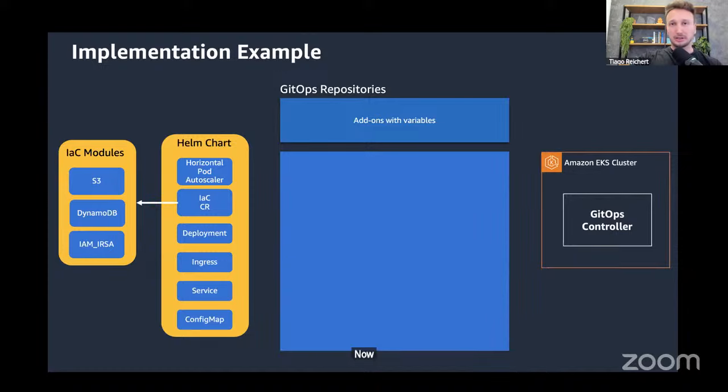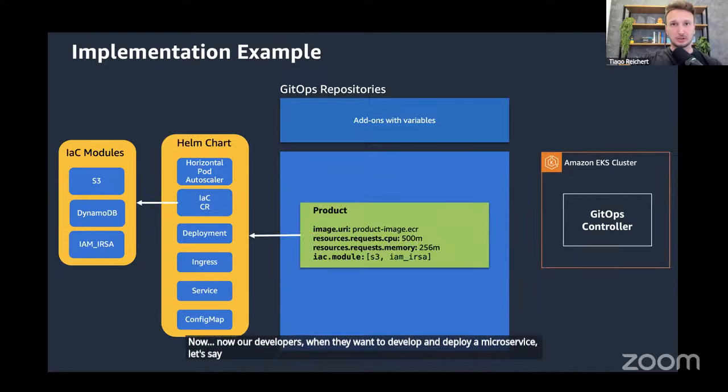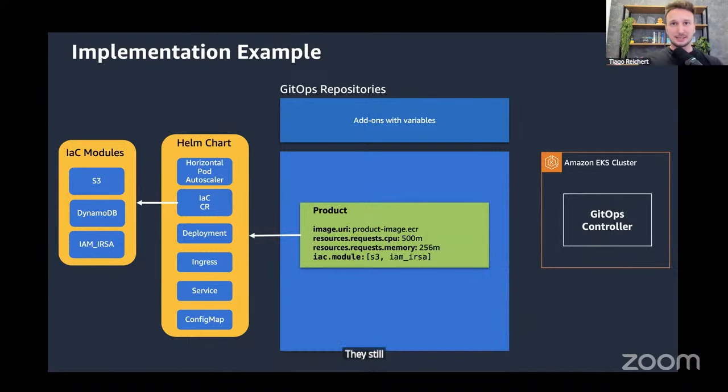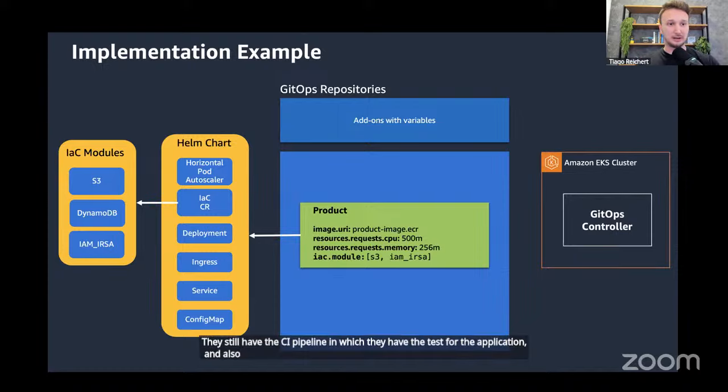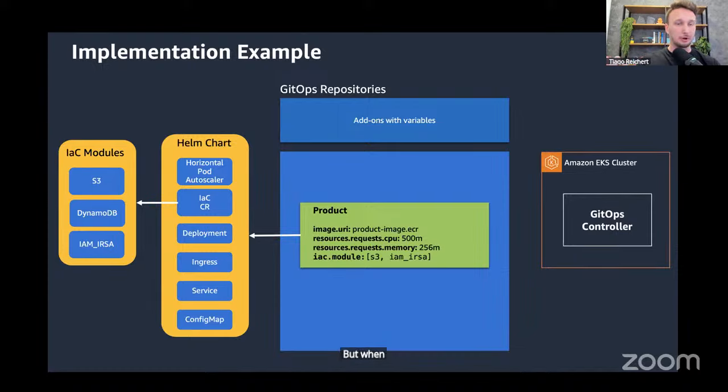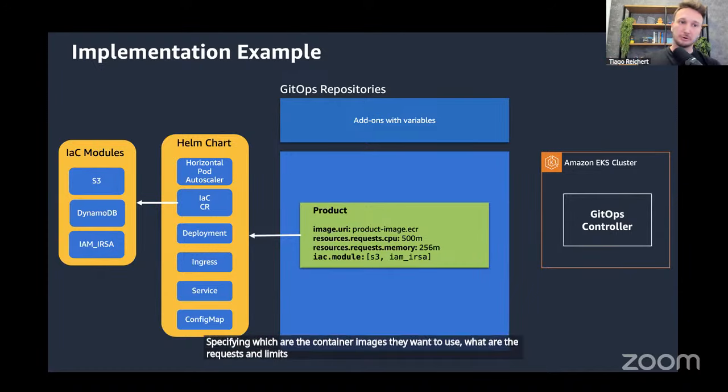Now our developers, when they want to develop and deploy a microservice, let's say the product microservice, they still have the CI pipeline in which they have the tests for the application and also build a container image at the end. But when they are going to deploy, they just create a Helm release inside of their application Git repository, pointing to that Helm chart, specifying which container images they want to use, what the requests and limits for the application are, for example, and also what infrastructure modules they need for that application.